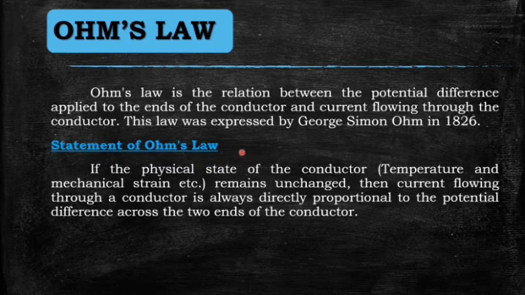What is the statement of Ohm's law? If the physical state of a conductor, temperature and mechanical strain etc. remains unchanged. That is, if we have a copper wire, the temperature and the mechanical strain on that copper wire must not change, then the current flowing through the conductor will be always directly proportional to the potential difference across the two ends of the conductor.